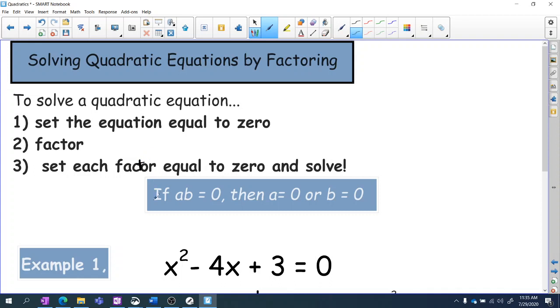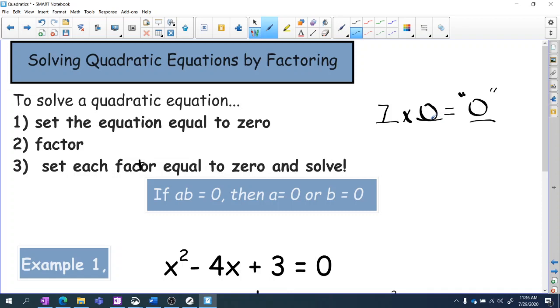Now we're going to use a basic premise that's this. If I have things multiplied together and the answer turns out to be 0, I want you to think about this. What is the only way to multiply things together and the answer turn out to be 0? So for example, let's say this was a 7. What would I have to multiply 7 by to get 0? Well, it's no secret.